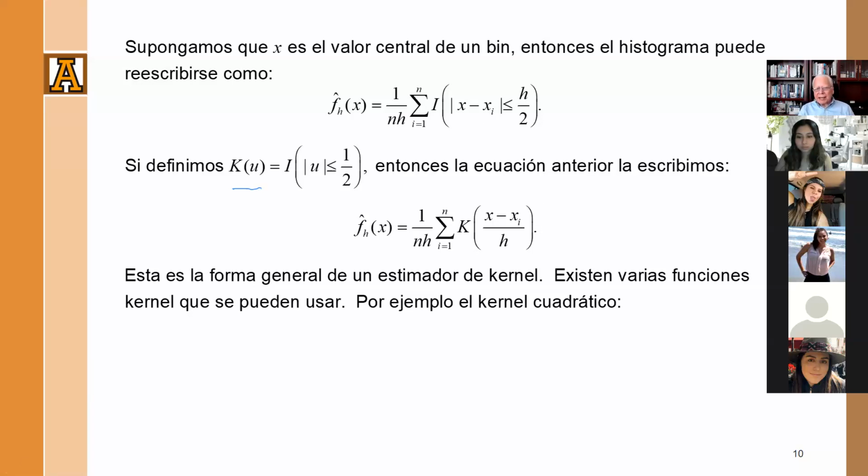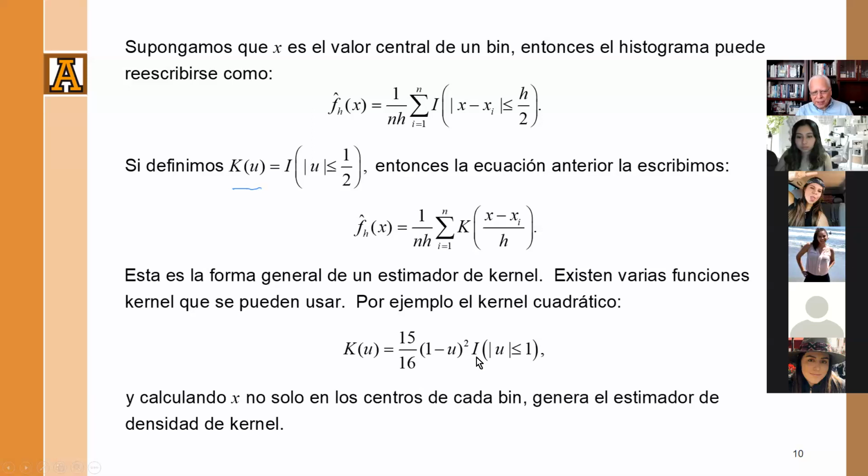And how can we depart from just a bunch of boxes describing the distribution? What we can do is replace this function K by a continuous function. So, for example, we can use a quadratic kernel, which is defined as 15 over 16 times 1 minus u squared, where u is this u here, times this indicator function.